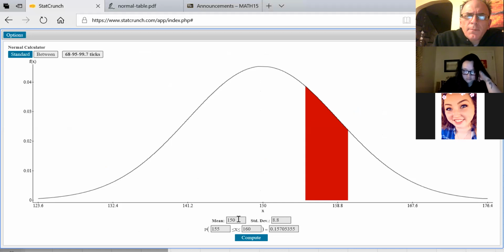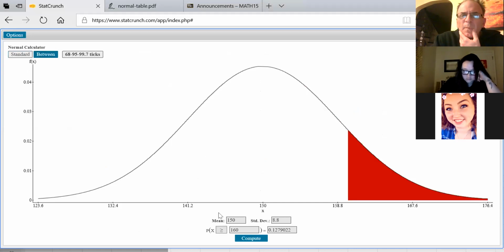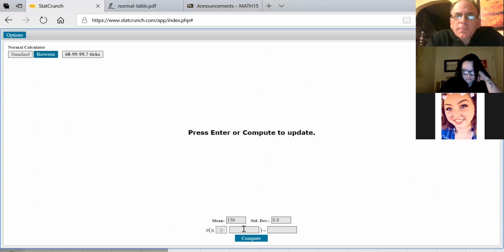So we're going to keep the 150 and the 1.8 there. I'm going to go back to standard. I'm going to erase this bottom part here for a second. Now, simply all we have to do is make sure that we're less than, because we're doing percentiles. Percentile is always less than or equal to. But instead of putting in a value for x, we're actually going to put the percentage in and work our way backwards, and it's going to give us the score that we want.